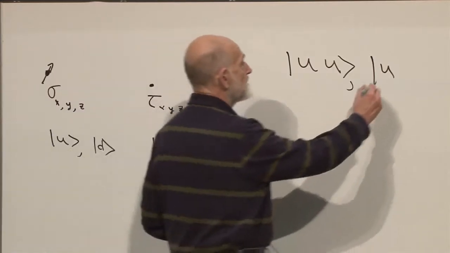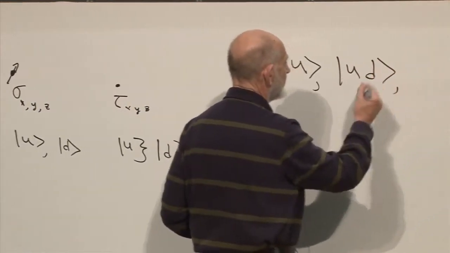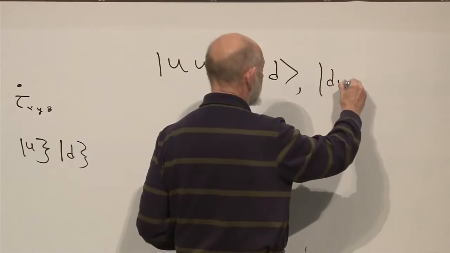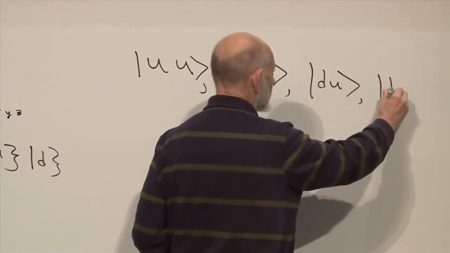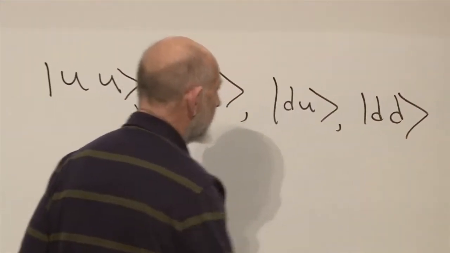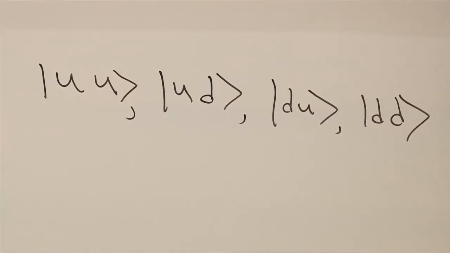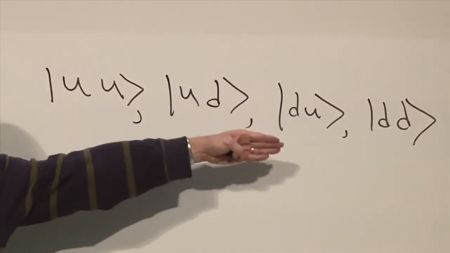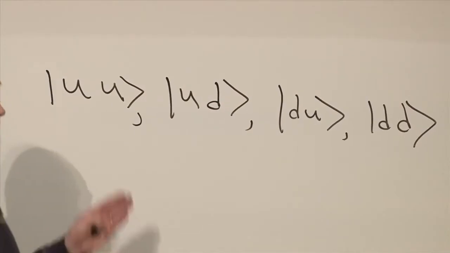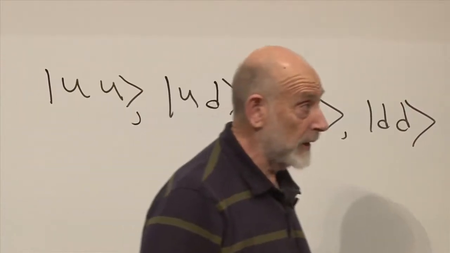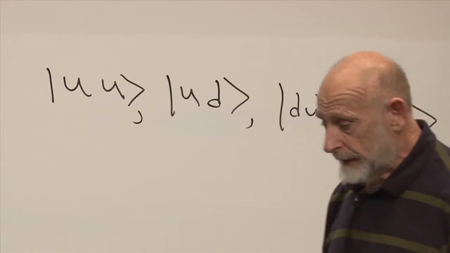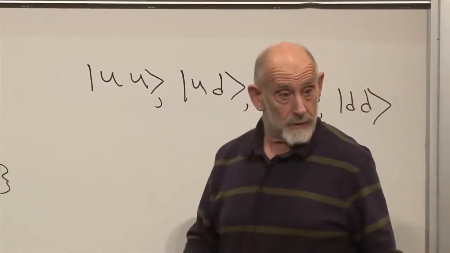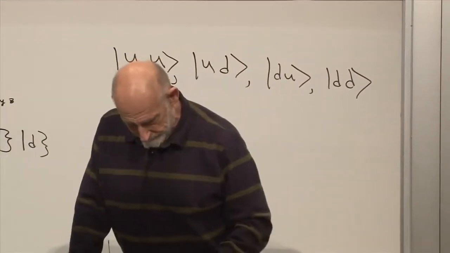Up, down, down, up, and down, down. That's the 4 basis vectors, each basis vector carrying 2 labels now, a sigma label and a tau label. That's the idea, and it's a very reasonable idea.